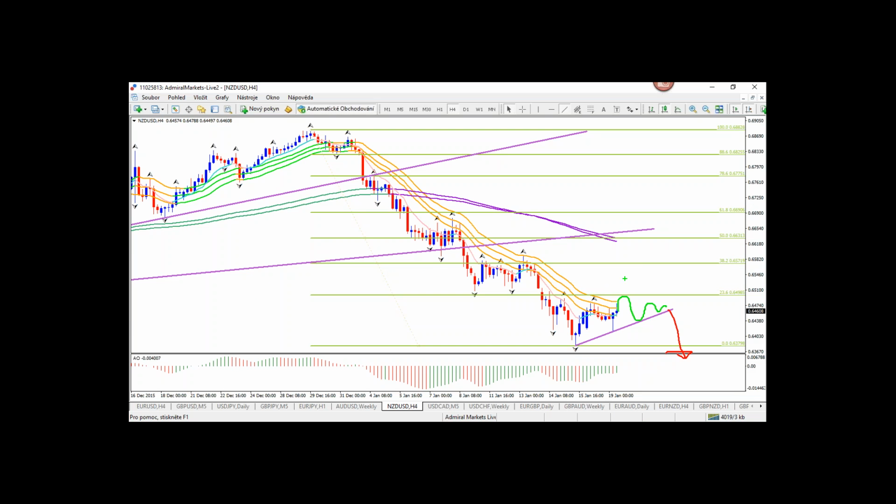The other scenario is that price would get up to these fibs and then turn around, and those would be interesting shorting zones too, because of the fibs and the impulse, downtrend, moving averages, trend lines. So those are the three things I'll be looking for on this Kiwi.